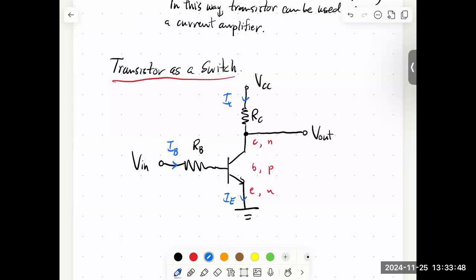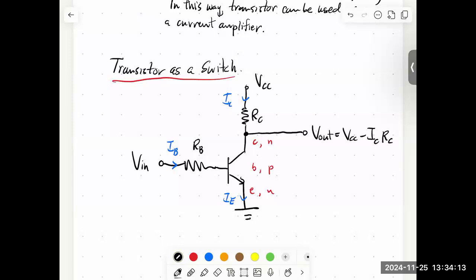Now, one thing we can do right away is say, if I start here and work my way to the output, VCC minus IC RC is equal to V out. So we have V out is VCC minus IC RC.